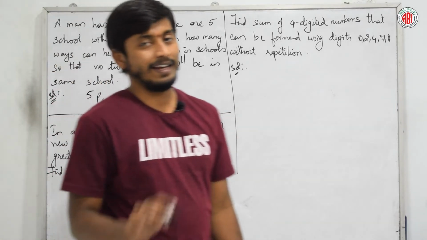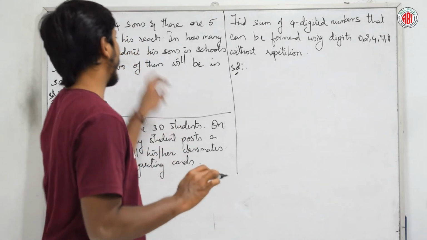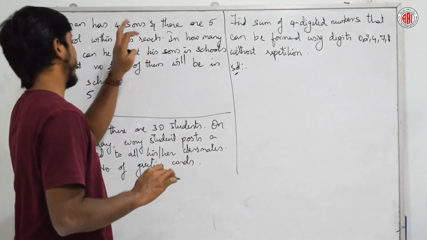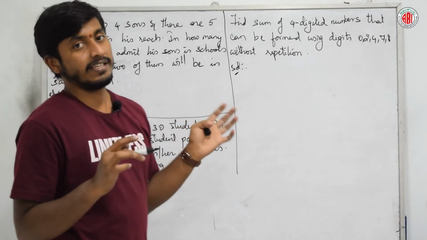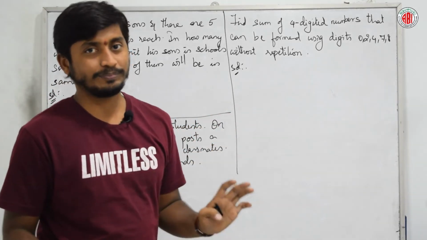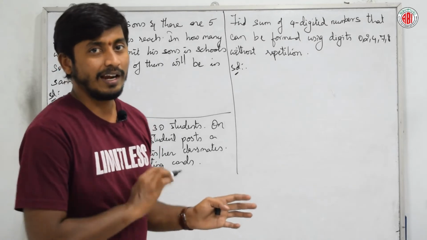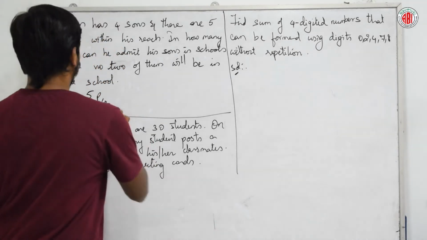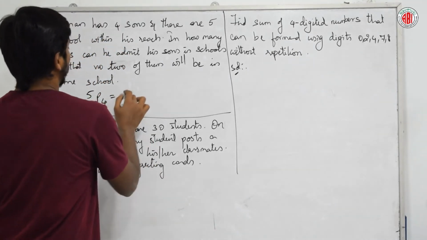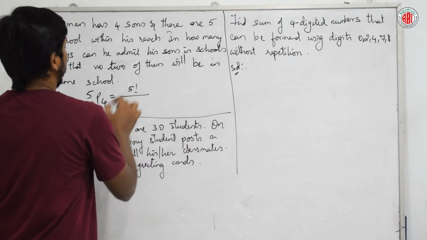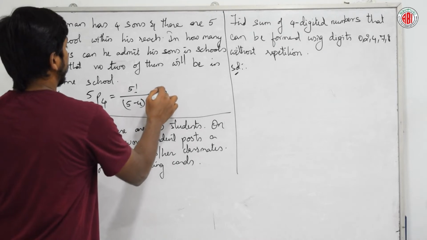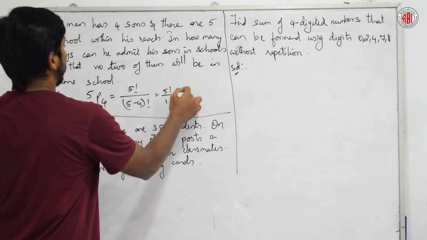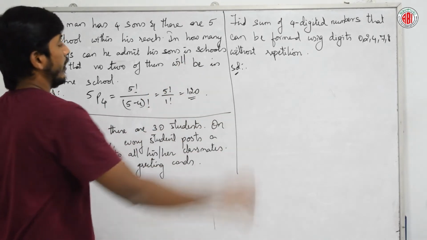When it comes to the exam, write: number of schools is equal to number of sons, then the number of ways he can arrange is given by 5p4. Since we can't write everything here, I am writing it directly. 5p4 is nothing but 5 factorial by 5 minus 4 factorial, which is 5 factorial by 1 factorial, which is 120.